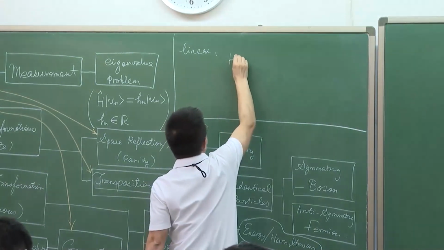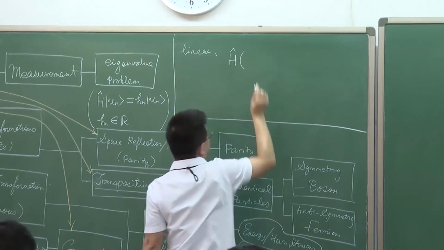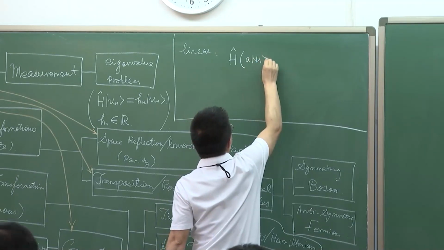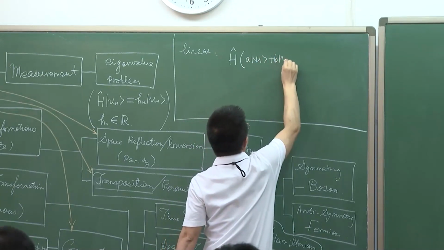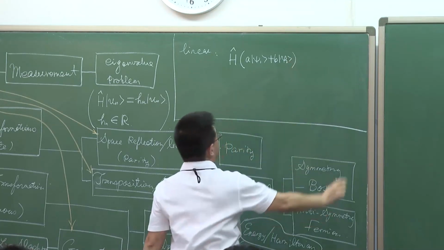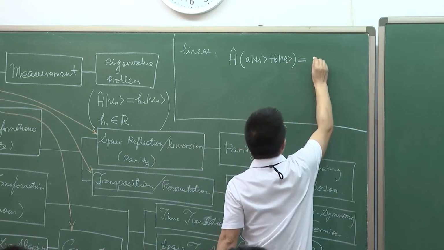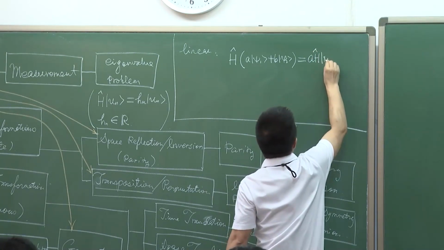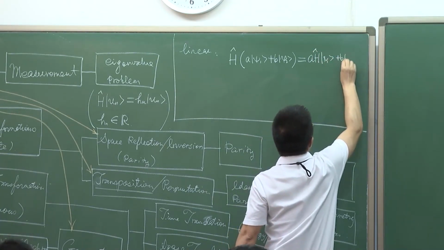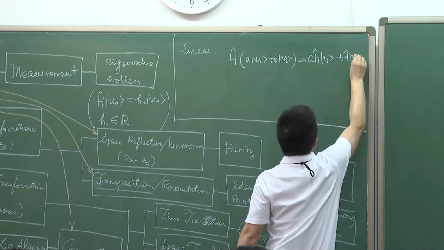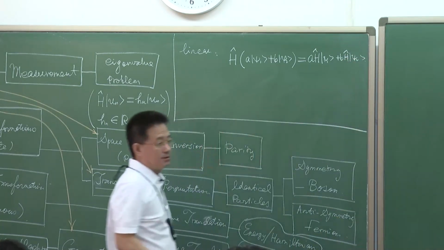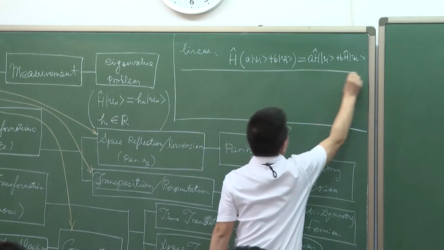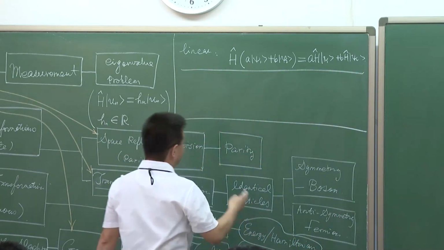Linear means like this. If you have H operating on A psi 1 plus B psi 2, it will be equal to A H psi 1 plus B H psi 2. So this is linear. And what is anti-linear?